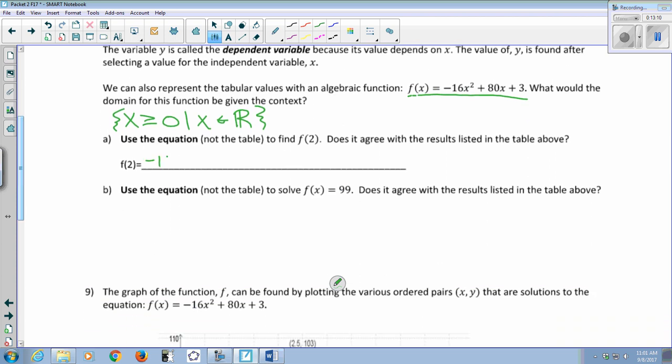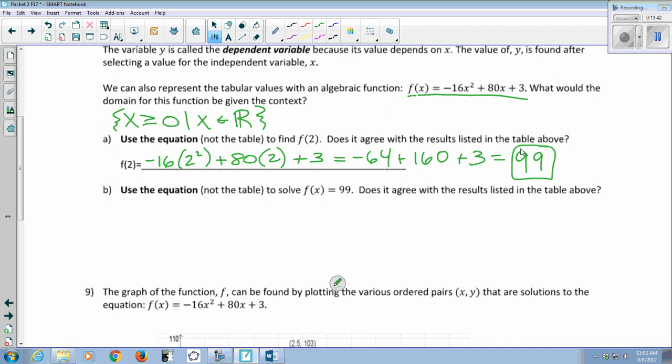So this is negative 16 times 2 squared plus 80 times 2 plus 3. All right, 2 squared is 4 times 16 is 64, so that's negative 64. 80 times 2 is 160 plus 3. And that comes out to 99, just as the table says.